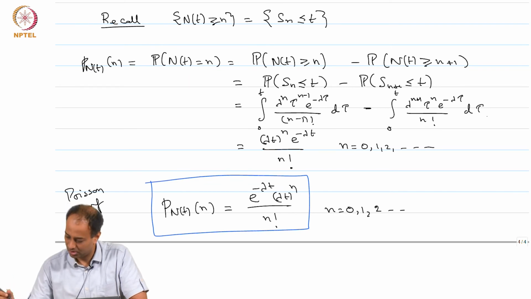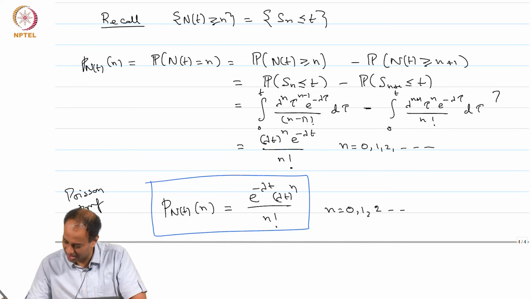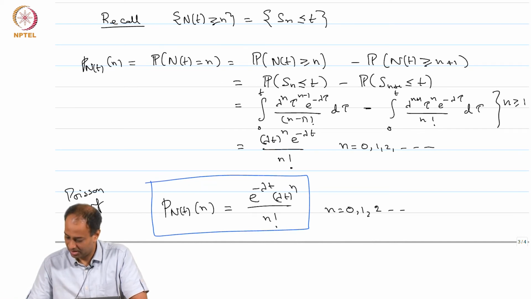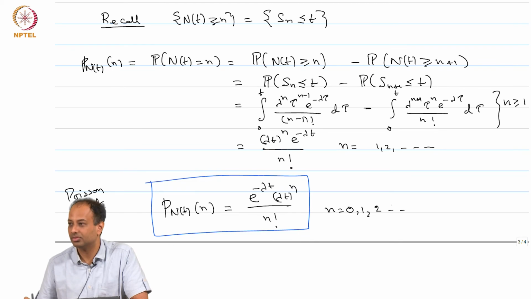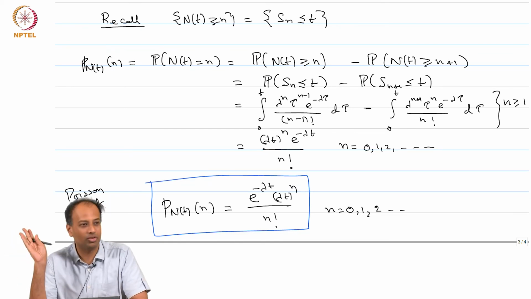So, I can only write n equal to 1, 2, because this expression is valid only for n bigger than or equal to 1. I am sneaking a 0 in by saying that you can make a separate argument for N(t) equal to 0, that is all.